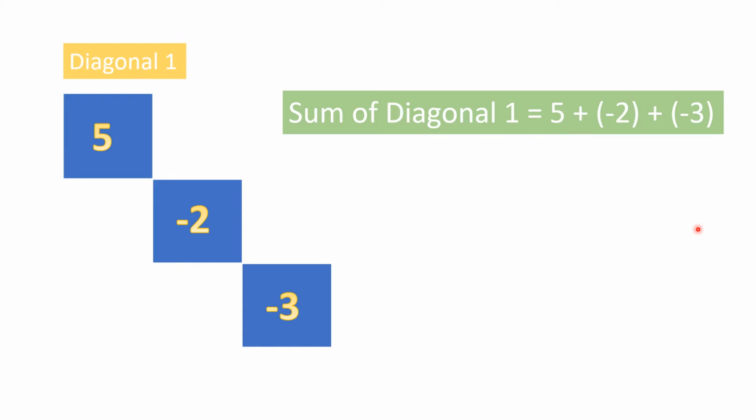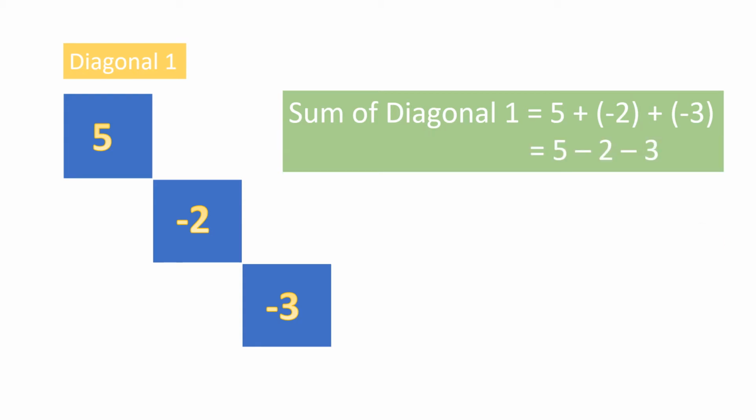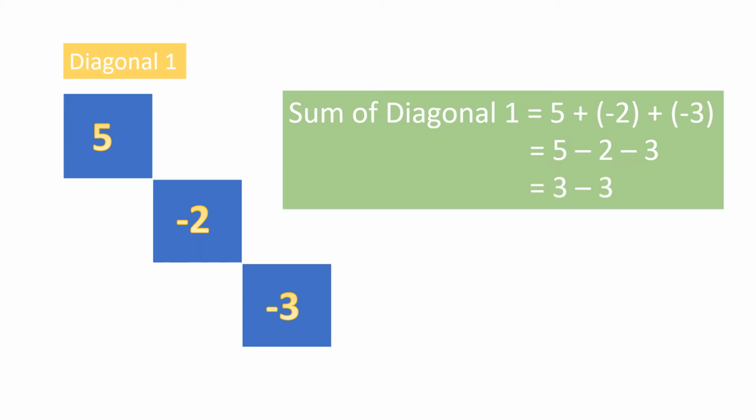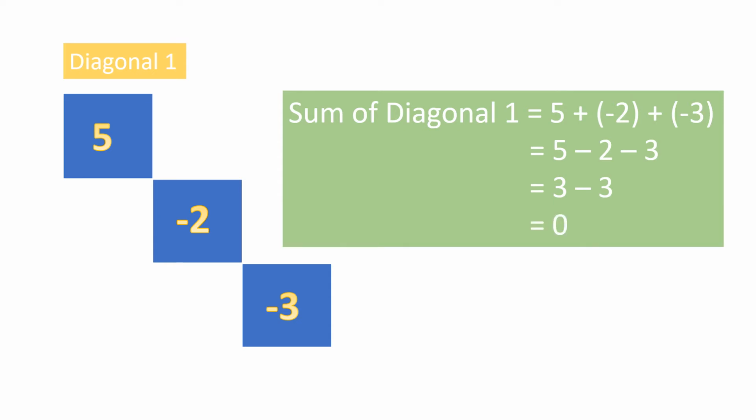Now using integer addition we proceed. 5 plus minus becomes minus, again plus minus becomes minus 3. Now we take the first two numbers. 5 minus 2 becomes 3, in the next step minus 3. So 3 minus 3 is 0. Now we got that the sum of diagonal 1 is also 0.